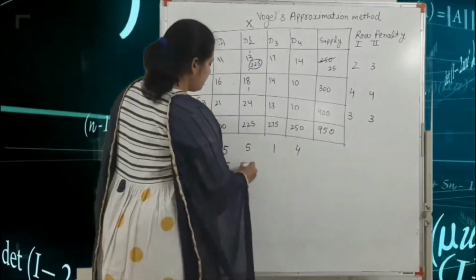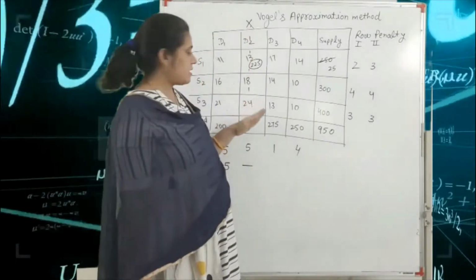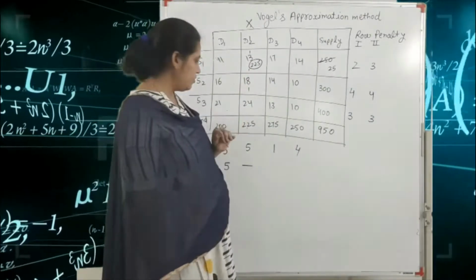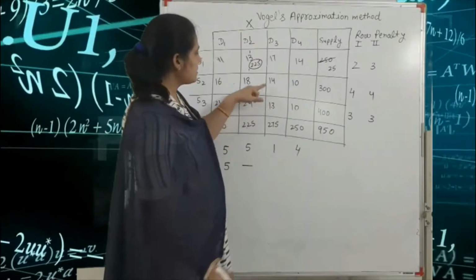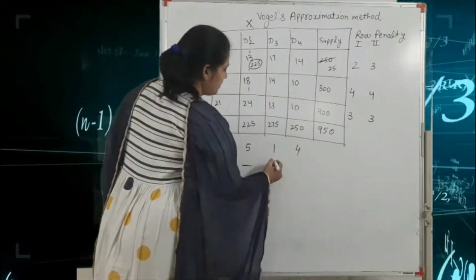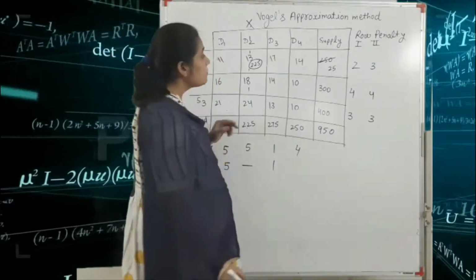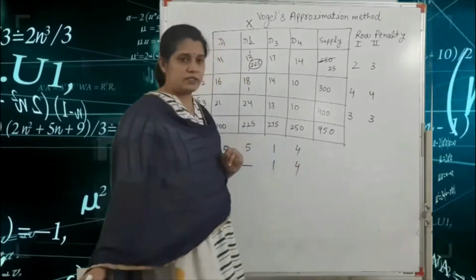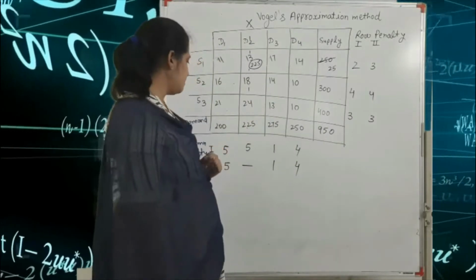We ignore this column because we satisfied the supply and demand, the minimum value being 225. Here the lowest value is 13 and the second lowest is 14, so 14 minus 13 is 1. Here the lowest value is 10 and the second lowest is 14, so 14 minus 10 equals 4.